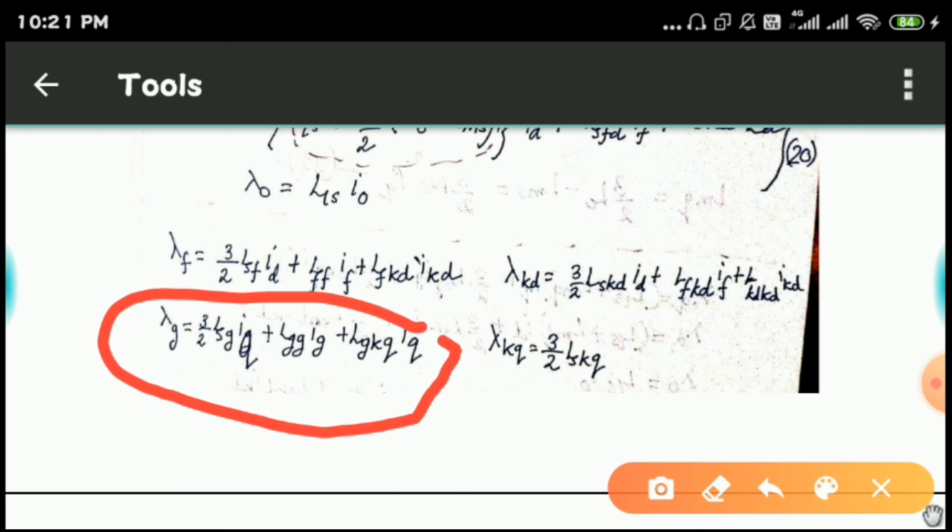Similarly, LGKQ indicates you are considering the flux linkage of the G winding, that is lambda g, and it is due to the current KQ. So here it should be IKQ.